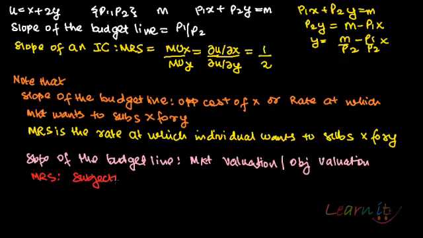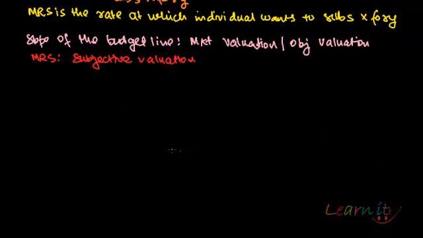That is, it is the individual's own valuation, it is subjective. Okay, this could be changed, MRS could be changed, but slope of the budget line will not change. It is not changed, it is given to you exogenously. Fine. Now you will have to compare it along three cases.